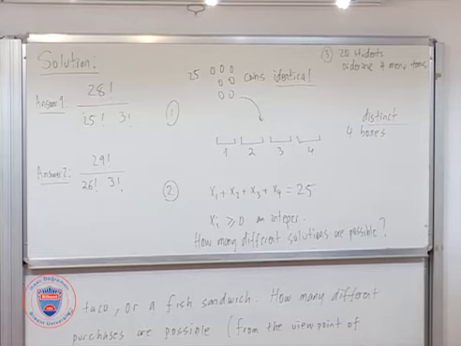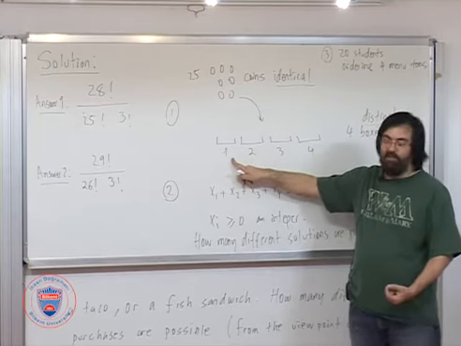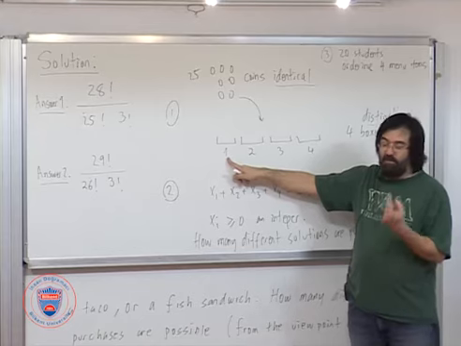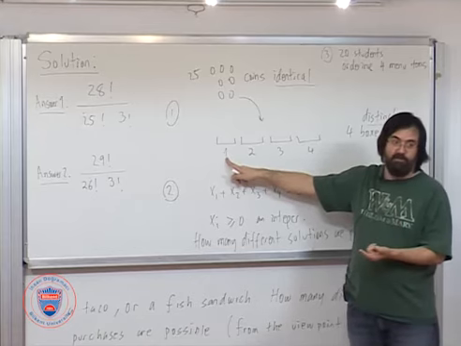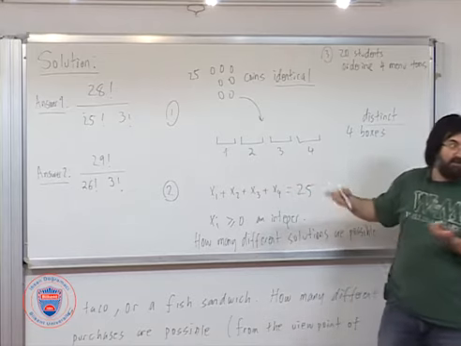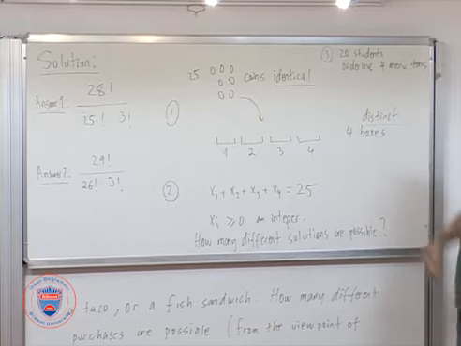Suppose you have 25 students going to the restaurant and ordering 4 menu items. So the number of coins that go here is exactly the number of students that order cheeseburgers. Number of hot dogs, number of tacos, number of fish. It's the exact same question. 25 students ordering 4 menu items is equal to both of these questions.